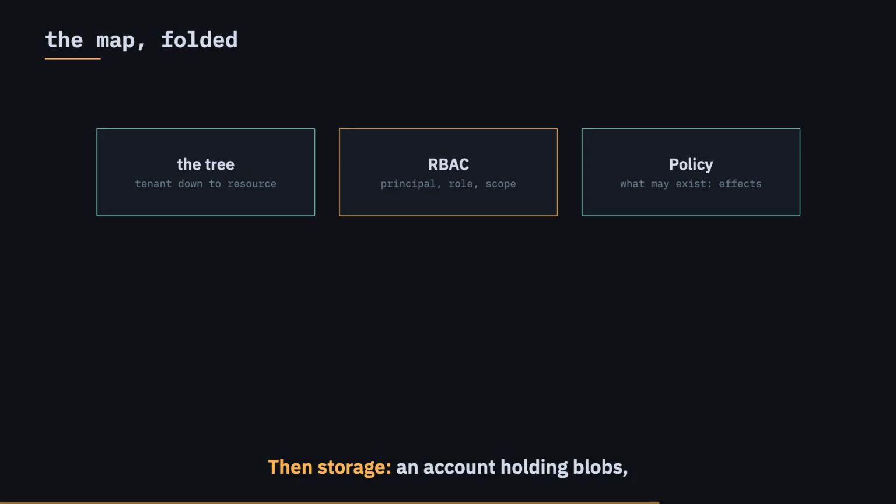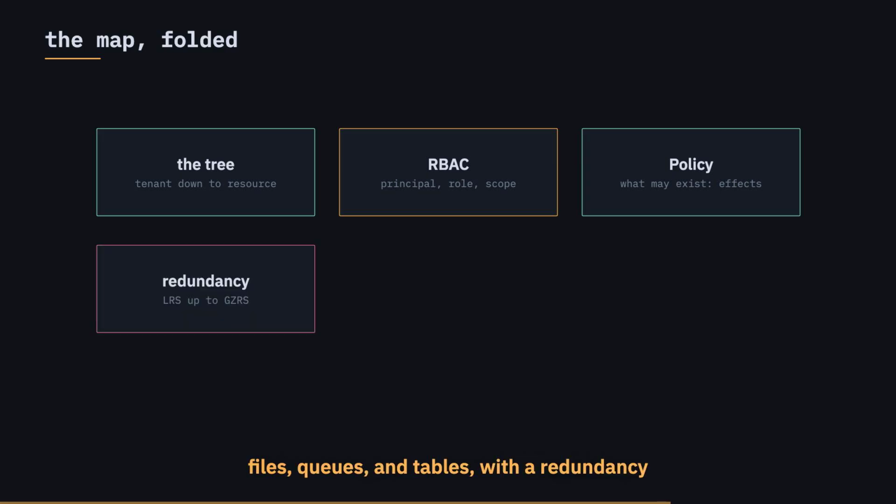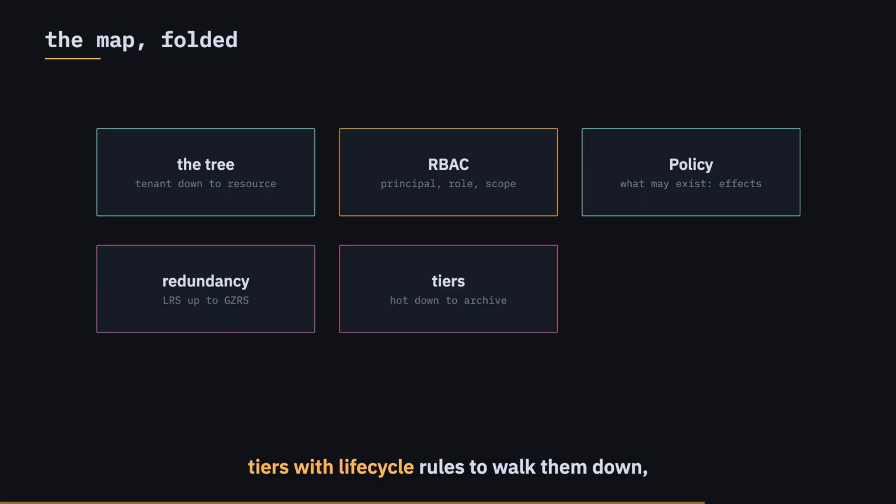Then storage, an account holding blobs, files, queues, and tables, with a redundancy ladder from LRS through ZRS and GRS to GZRS, and a last sync time that measures what a disaster would cost you. Blobs come in 3 kinds and 4 temperature tiers with lifecycle rules to walk them down, plus soft delete, versioning, and snapshots for 3 different kinds of mistake.